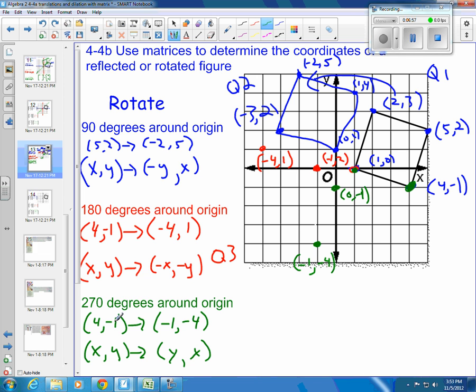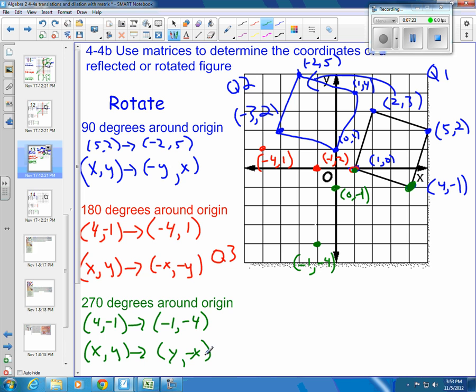But in this case, the y stayed the same, and the x is the one that changed signs on me. Okay, so whenever I rotate 90 degrees, my y is changing signs and they're flipping positions. When I go 180, they're staying in the same position, but they both change signs. When I go 270, they're flipping signs again, but this time the x is changing signs on me.